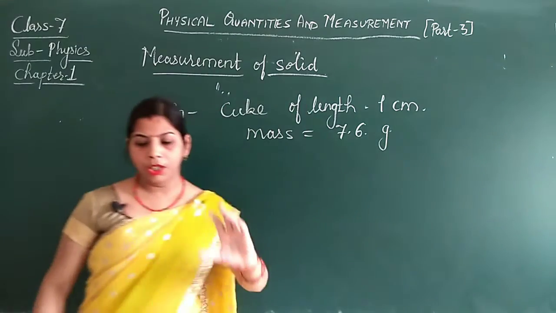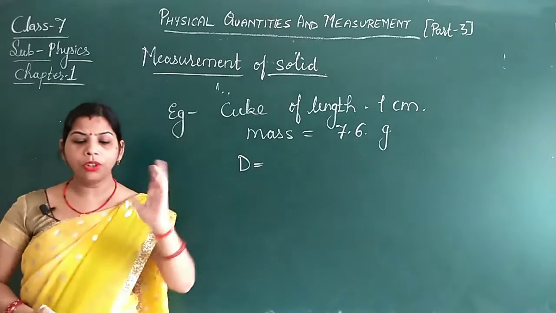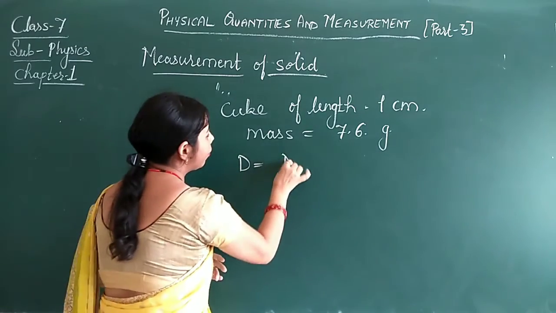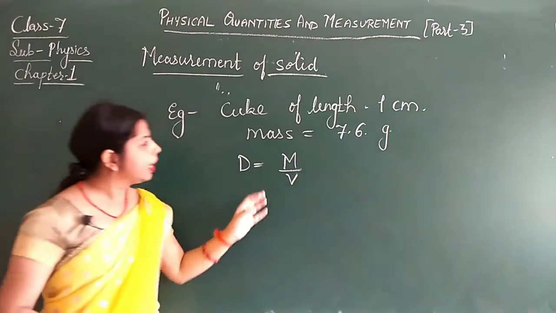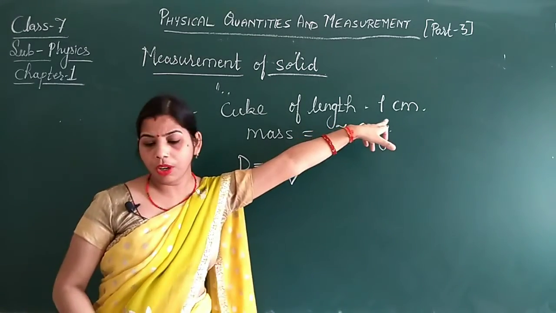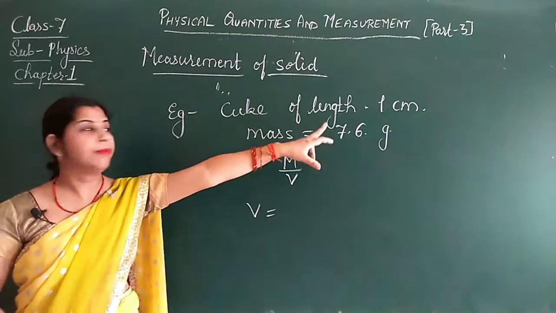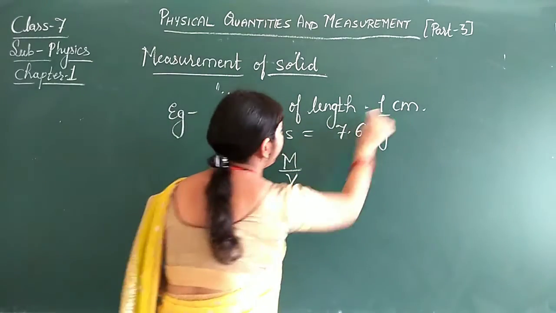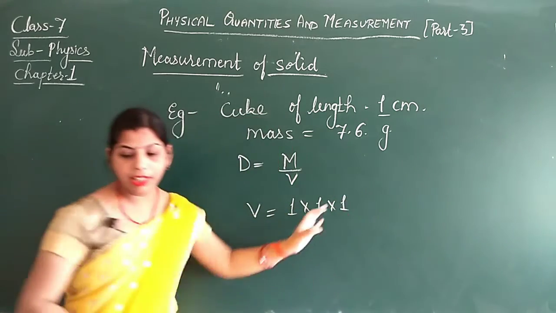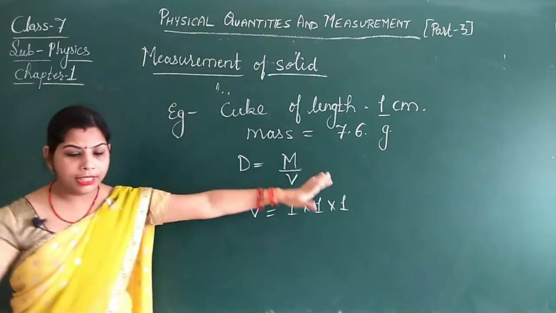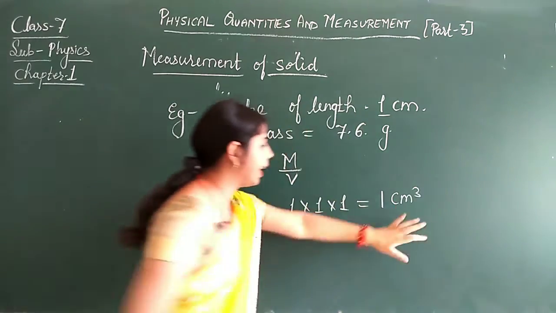How can we measure the density? As you know, density needs mass by volume. I have the mass, but for volume I need L, and L is given here as 1 centimeter. So 1 into 1 into 1 is again 1, that means 1 cubic centimeter.